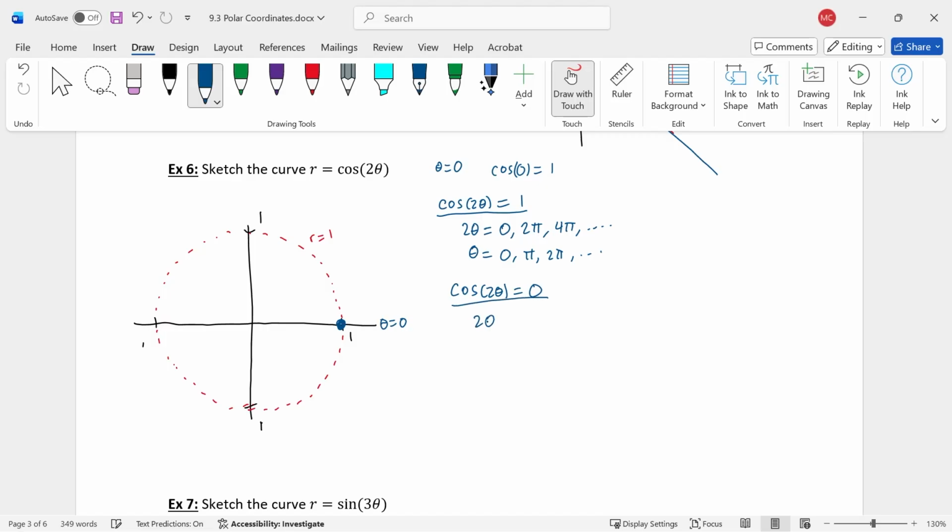Well, that's going to be when 2 theta is pi over 2, or 3 pi over 2, or 5 pi over 2, or 7 pi over 2, and so forth. And if we divide all of those solutions by 2, we'll get pi over 4, 3 pi over 4, 5 pi over 4, 7 pi over 4.